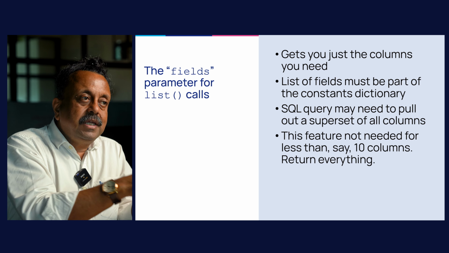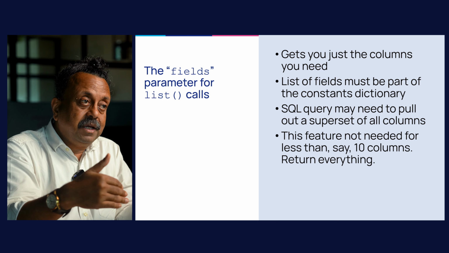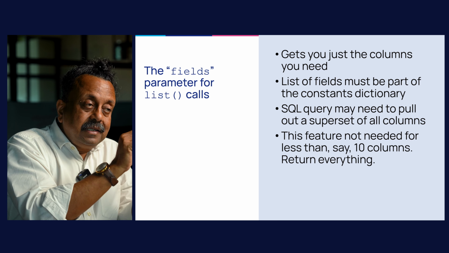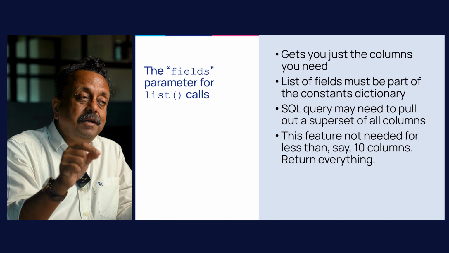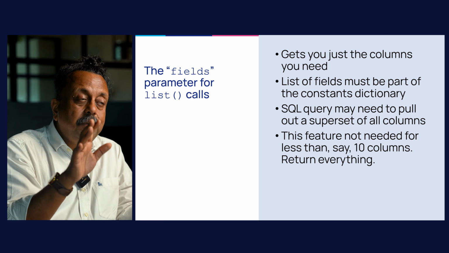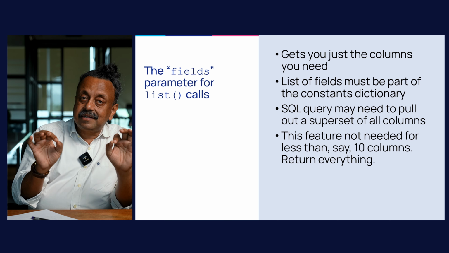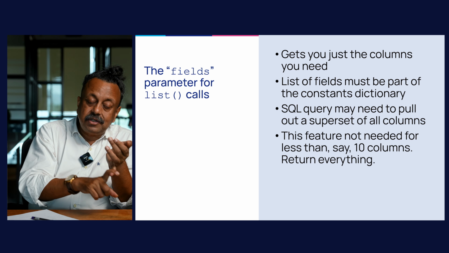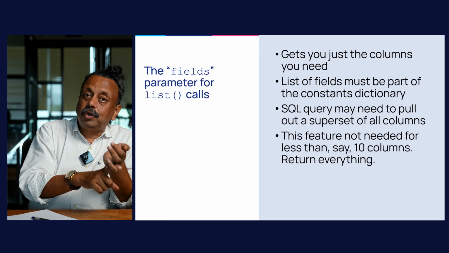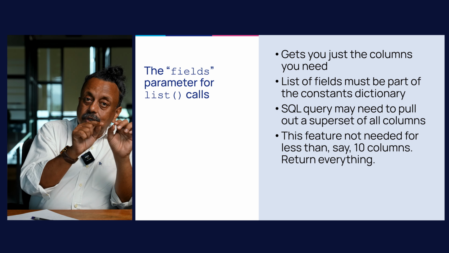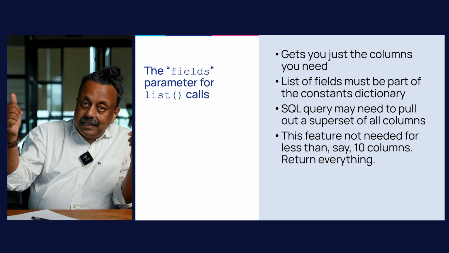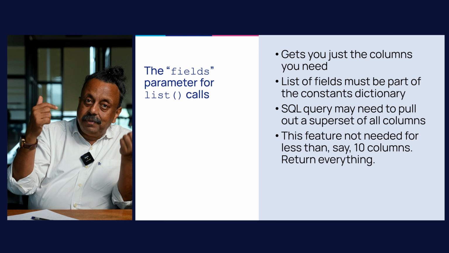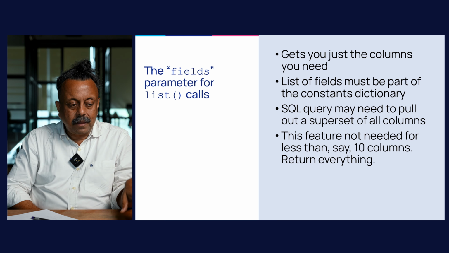If you are using SQL to pull out data from a database table, then in the list calls, the SQL statement may not be static, may not be possible to get what you need by using a static query, because the filter parameters change, the list of fields that you want also change. So you may actually have to dynamically create the SQL string and then throw that string at the database and pull the correct records out.